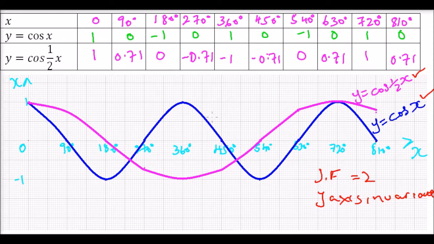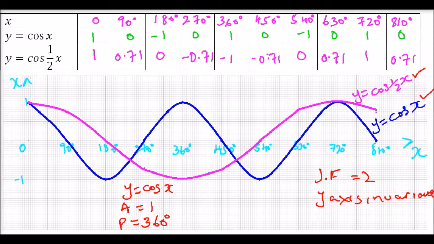And this means that for y equals cos x, the amplitude is equal to 1 and the period is equal to 360 degrees.